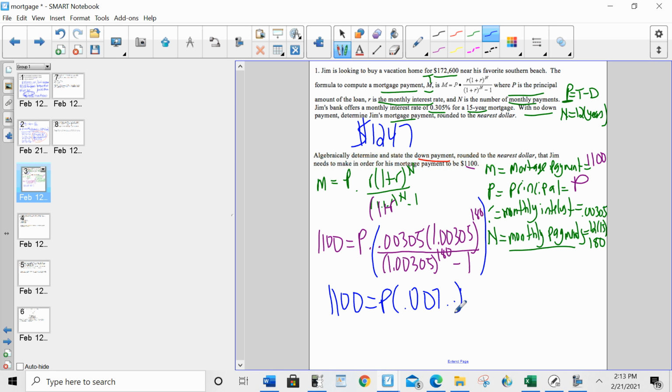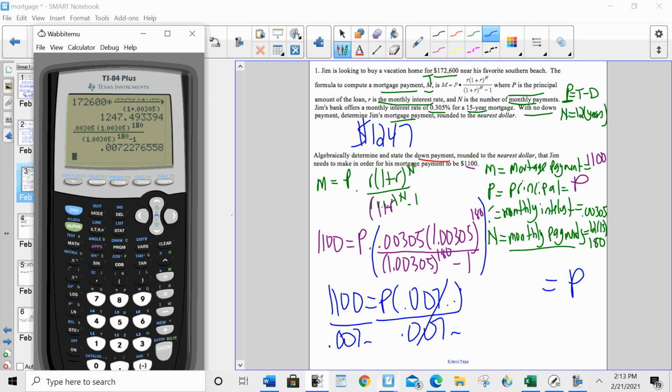And now to get P, I'm just going to divide both sides by the 0.007. Now I didn't have to do that step. I could have just divided both sides with that giant thing, but I find that a little bit more confusing. I feel like it's easier to just do it like this. So do that whole thing first, and then just do 1,100 divided by this whole thing.